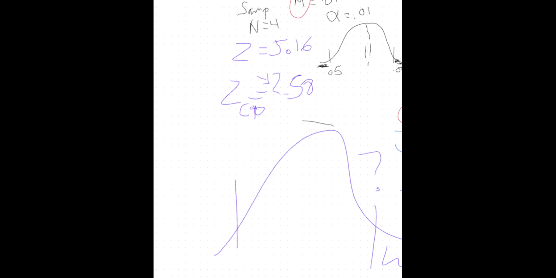And that's just a good eye check for us. When you start reporting p-values and percentages, you should know whether you're looking for a number smaller or larger. We can use these z-scores to tell us something about what our answer should look like. It's a good spot check for us.